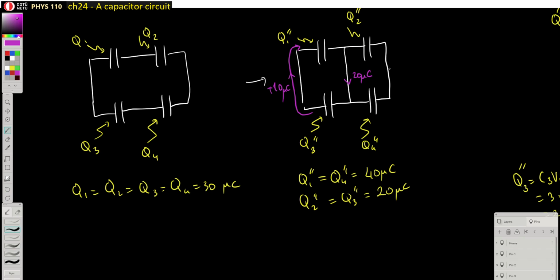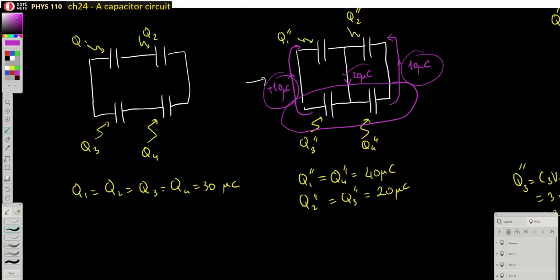Okay, on that side, you're going to find out that there's a charge flow along that direction, which is also equal to 10 microcoulombs in here. So as a result, there are some charges that leave these lower capacitors, which is basically plus 10 and plus 10.